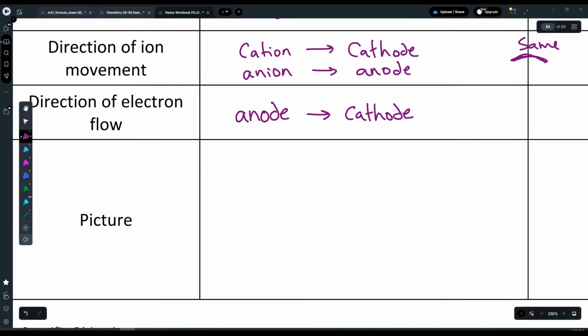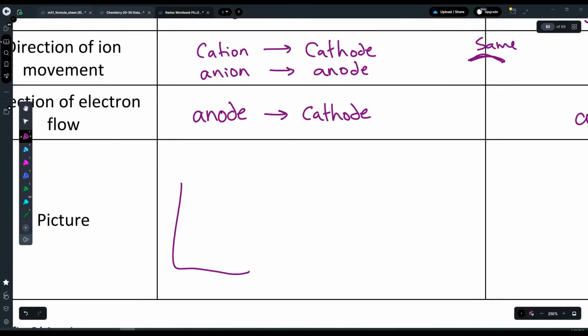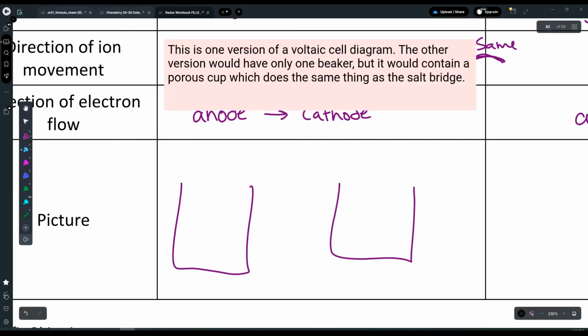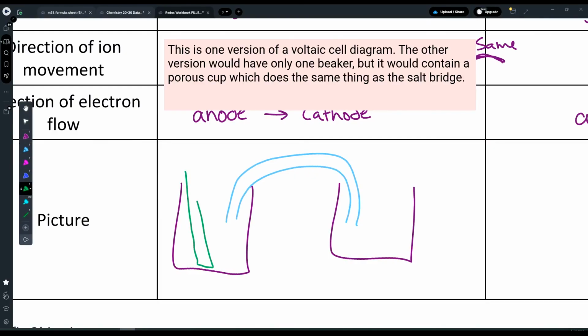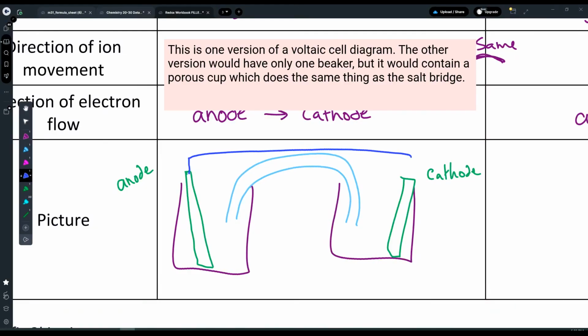Okay, if we were to draw a picture of this, we're going to have this. We have our salt bridge. We have one of our electrodes, we'll say this is the anode. And then the other electrode, we'll say this is the cathode. And so they're connected by a wire that has a voltmeter, so that's an instrument that measures volts.